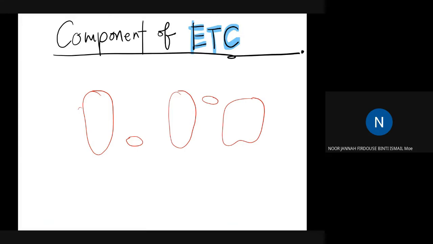We know they are all integral proteins, so they will be embedded in the phospholipid bilayer, except for protein number 2, which is a peripheral protein.